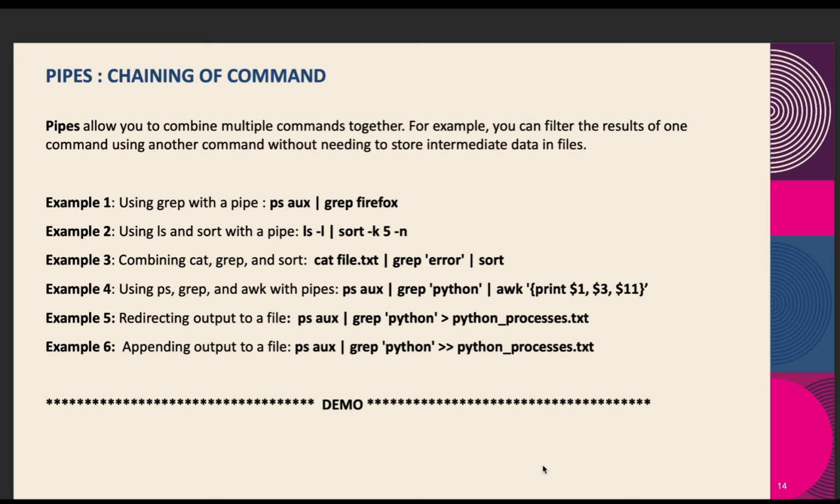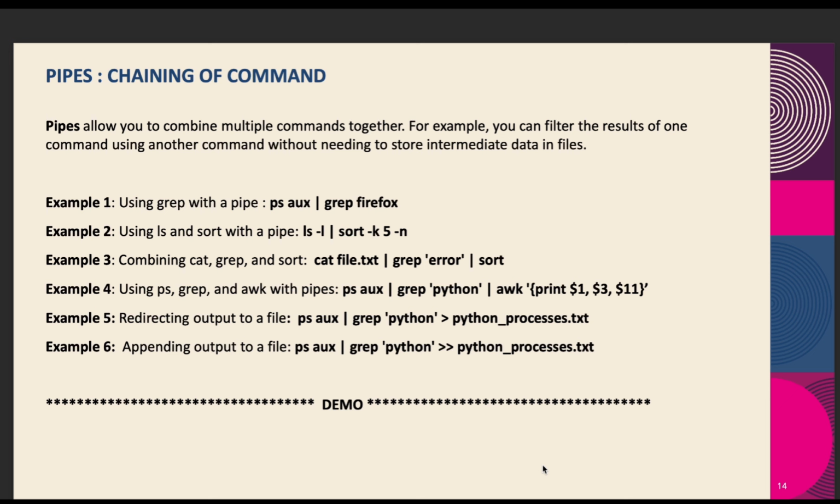The third example is combining cat, grep and sort. So cat, you know, will print the content of the file in the console. For the first command, it will print the content of the file, and then we add a pipe. The next command is grep error, so it will filter the lines containing the word error.